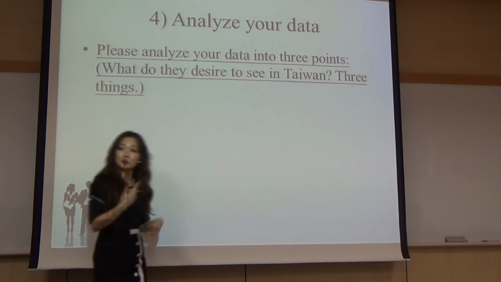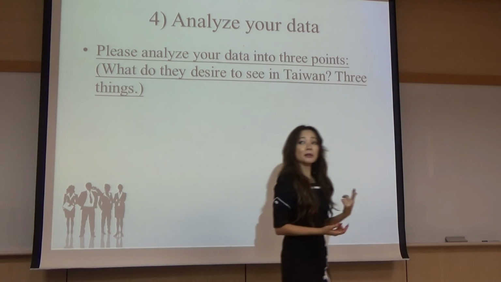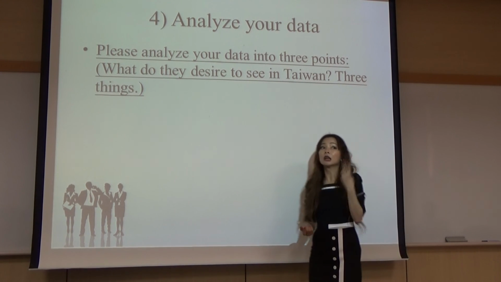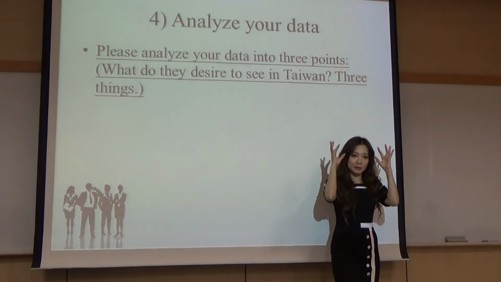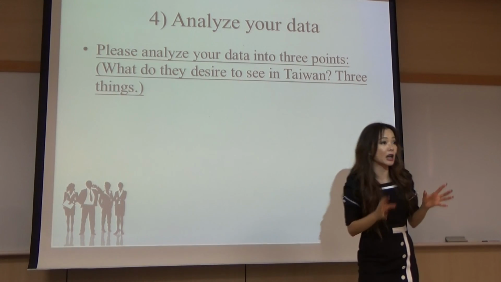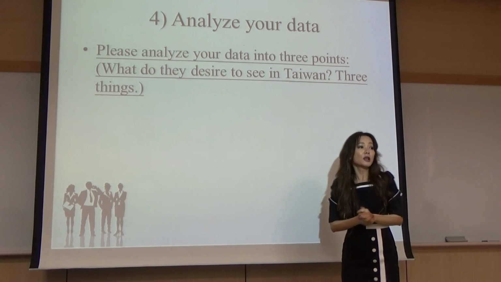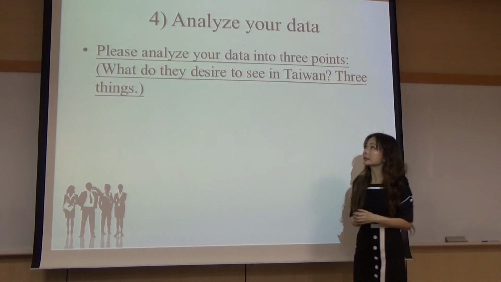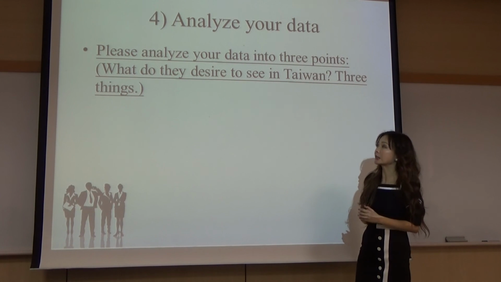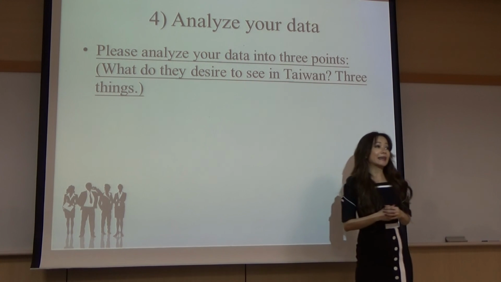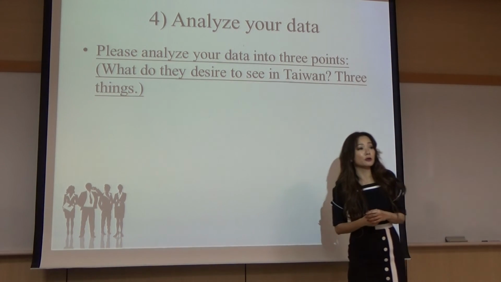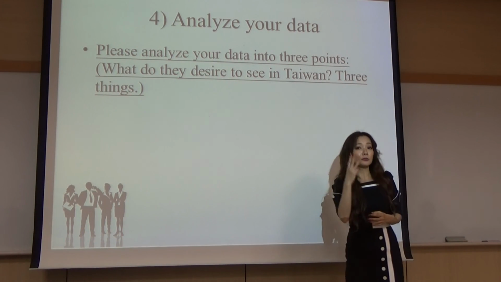In verbal communication, whatever we mention can never exceed 3 items, because people's memory can hold a maximum of 3 items. That's why I kept telling my students, please analyze your data into 3 things they desire to see in Taiwan. Then you design your one-day trip centering on the 3 things.